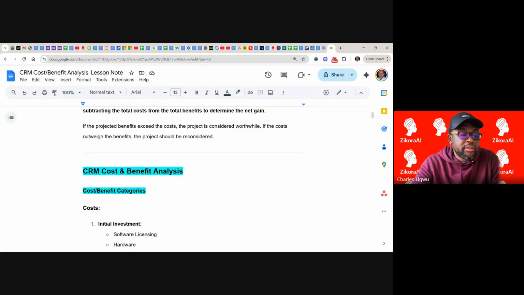The case study and the templates drawn here can equally be applied to any other solution, whether ERP, CRM, ITSM, or HR. It can be applied to all these enterprise applications. You must understand the cost and the benefits of what you are doing.